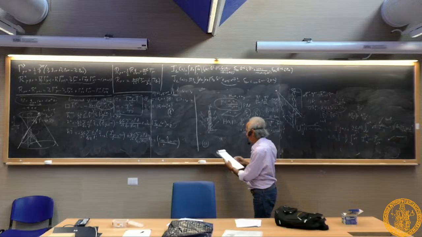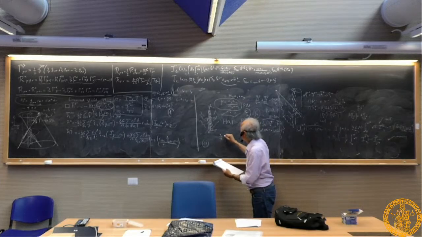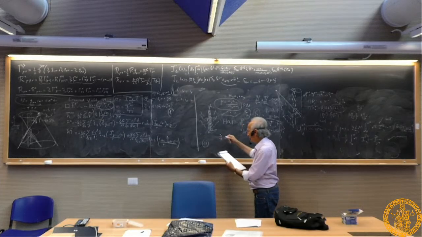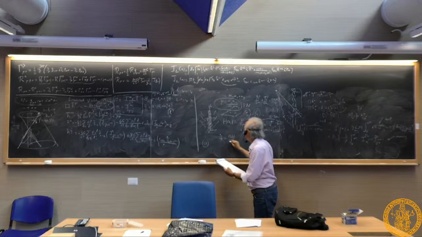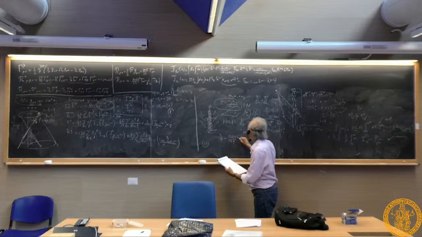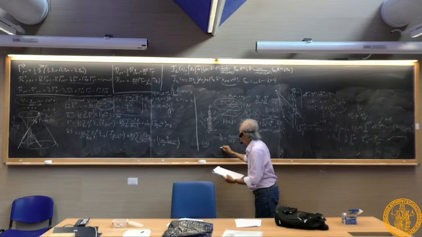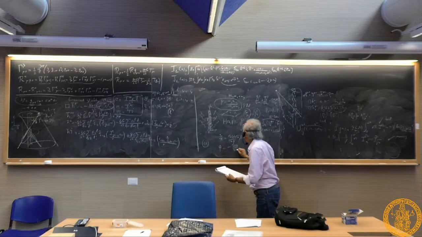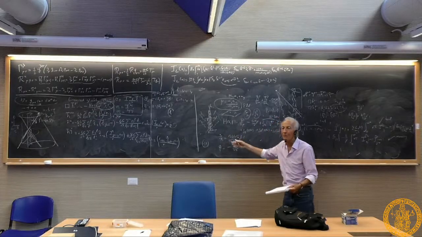Now, the equations would be Hamilton's equations. So q dot is dH by dp, as a function of x and p. And p dot is minus dH by dx, this Hamiltonian. But this is the conservative dynamics.